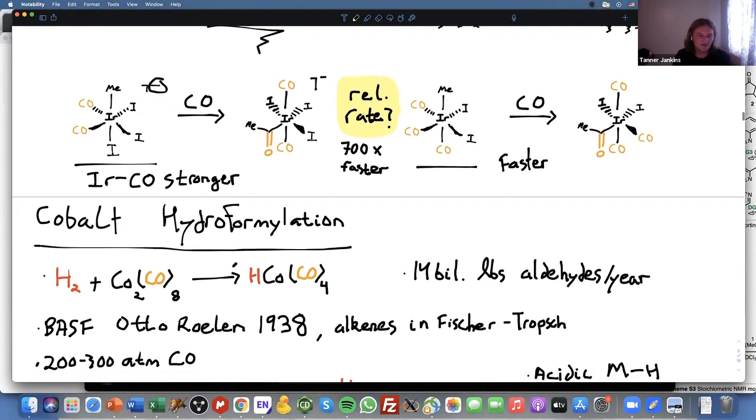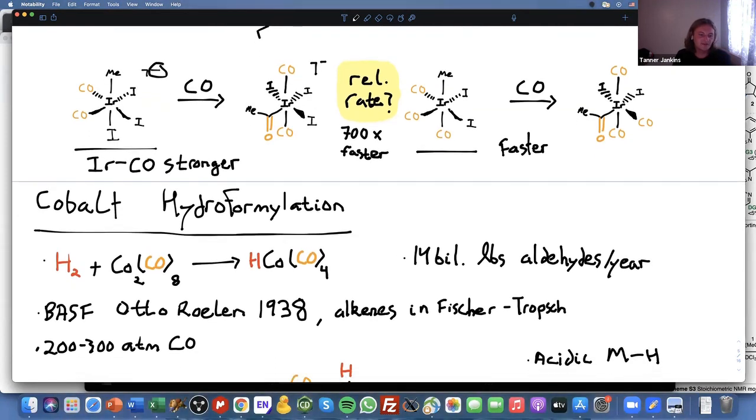And so this process was originally discovered, again, by the German chemical superpower BASF by Otto Roelen in 1938. And in this case, he was not looking to discover hydroformylation, but instead was just studying the effect of alkenes in the heterogeneous Fischer-Tropsch process, which is simply the reaction between CO and H2.